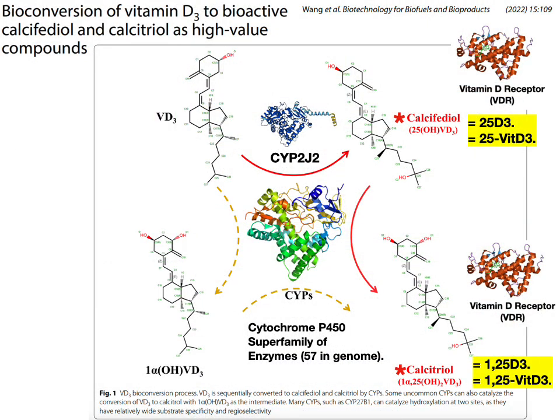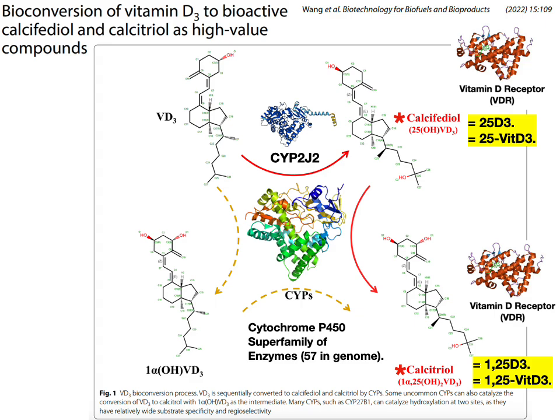Now, I'd like to draw your attention to this paper several years ago, which involves an entirely different enzymatic action of CYP2J2. This is not connected with the formation of EETs. Rather, CYP2J2 is involved in converting vitamin D3 into 25-hydroxyvitamin D3, calcifediol.